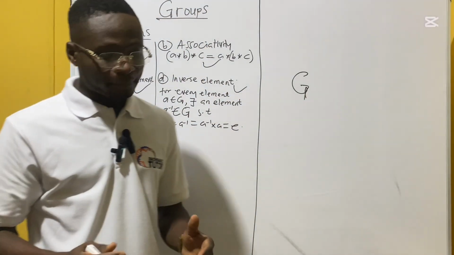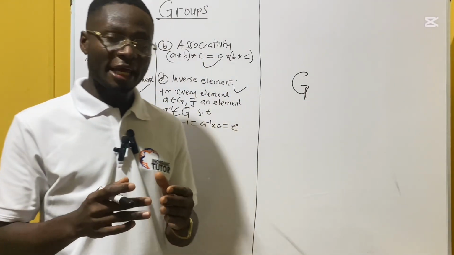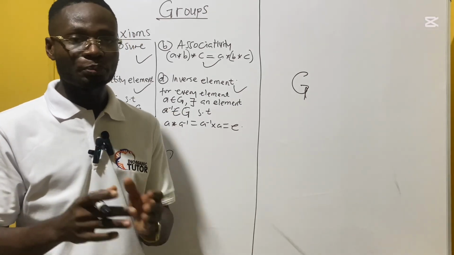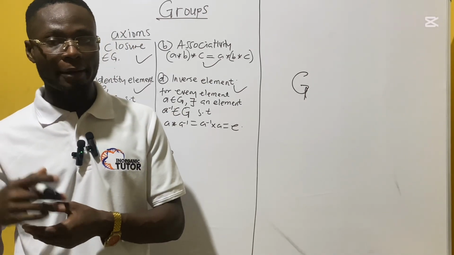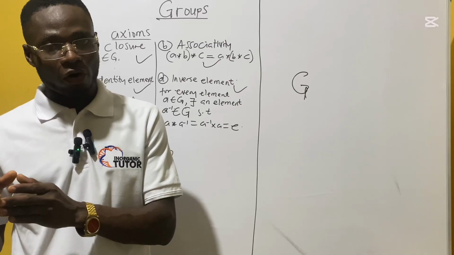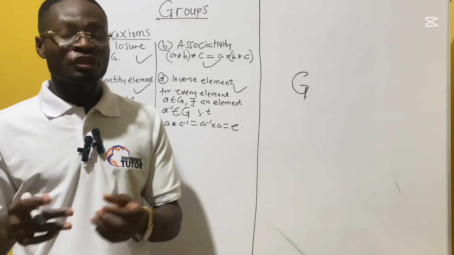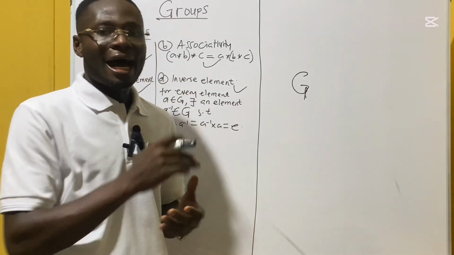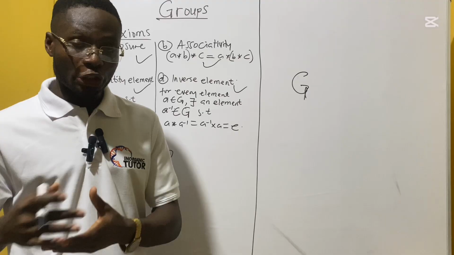Now, if you perform the operation on them, which is the star or any operation at all, the result should still be in the group.